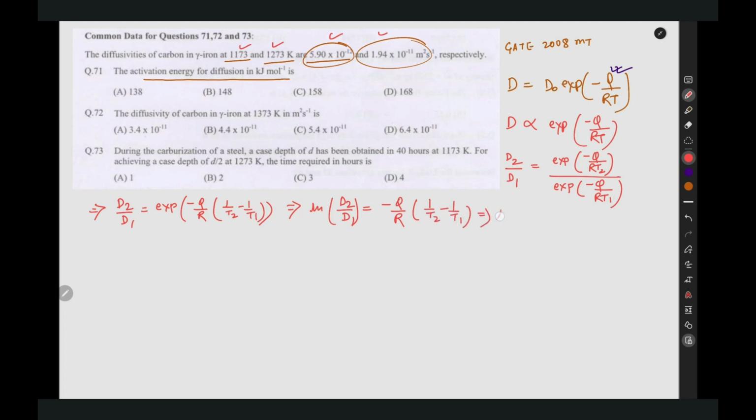Further we can write ln D2 by D1 equals minus Q by R into T1 minus T2 by T1 T2. Now Q equals minus R ln D2 by D1 into T1 T2 by T1 minus T2.